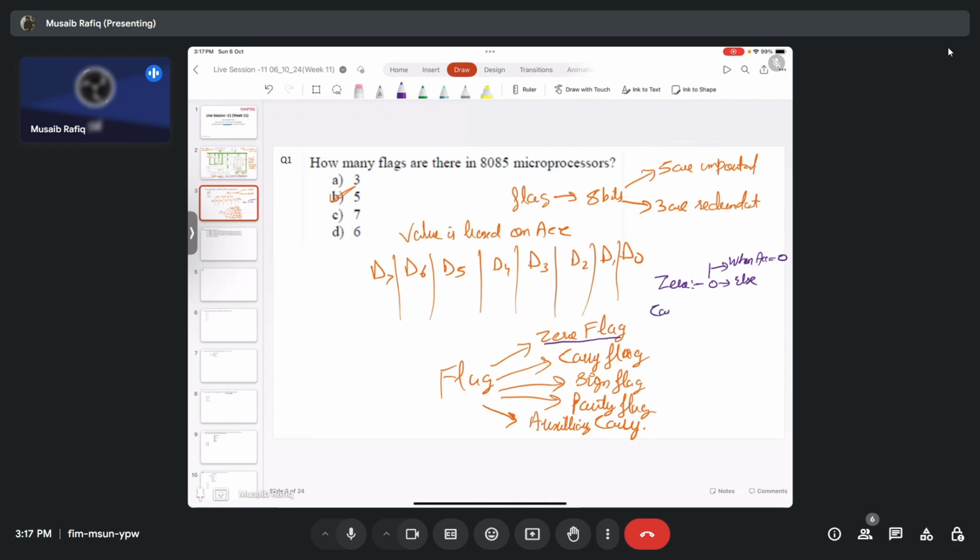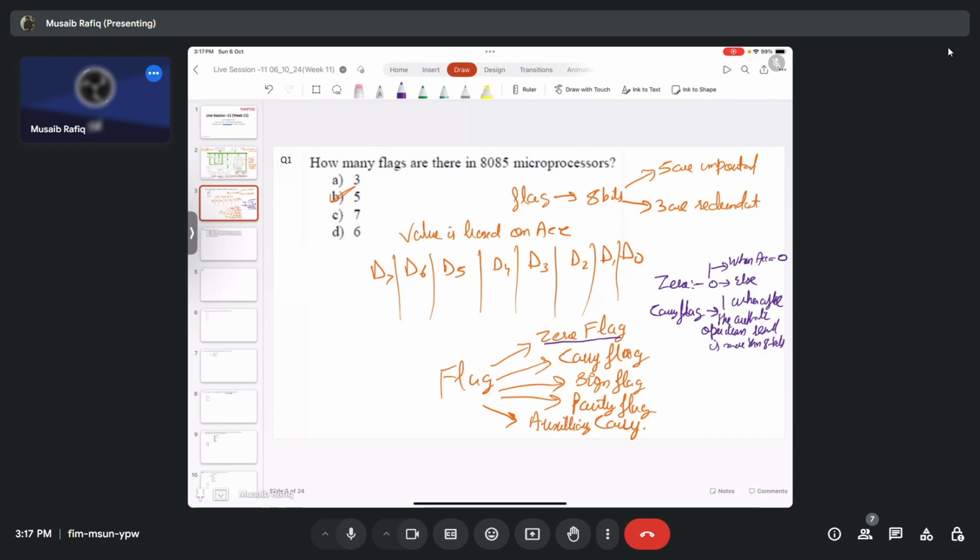Now the carry flag is 1 when after the arithmetic operation the result is more than 8 bits, right?